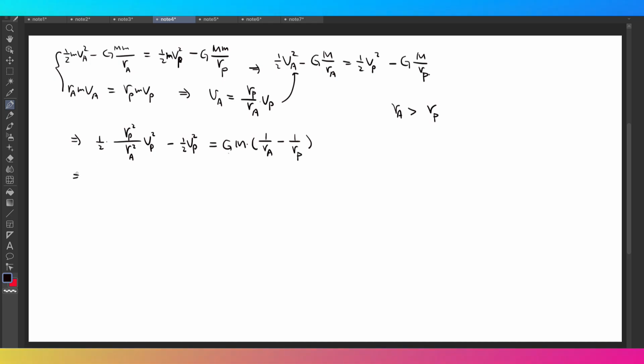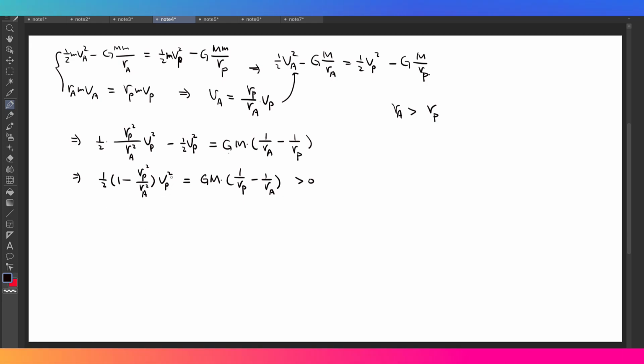So let's change to 1/2, okay, 1 minus RP squared over RA squared VP squared. Let's group them together and then change the sign. And right side, let's also change the sign, GM 1 over RP minus 1 over RA. Okay, now both sides are positive.